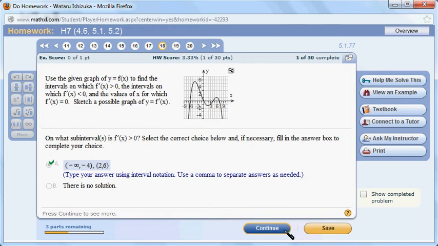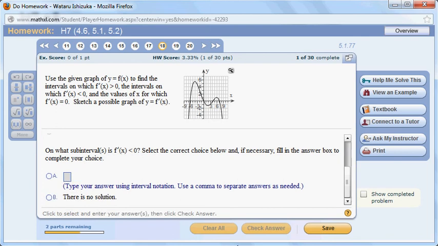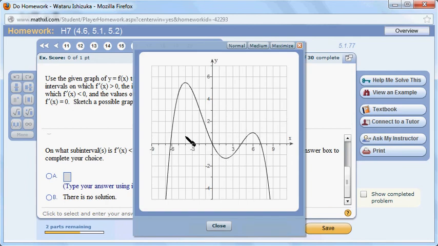All right, and I'll continue. Next question is the same kind of question, but we want the derivative to be negative, so it's going to be where you have a downhill. So that would be -4 to 2 and 6 to positive infinity.